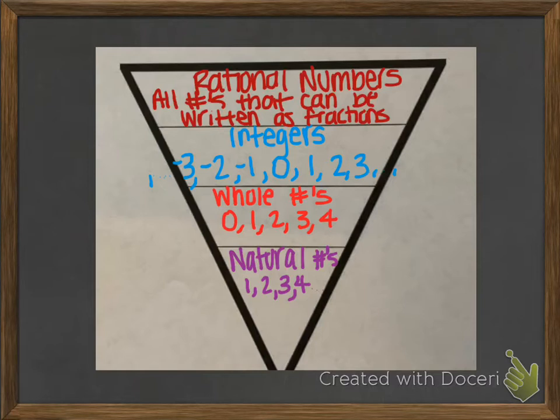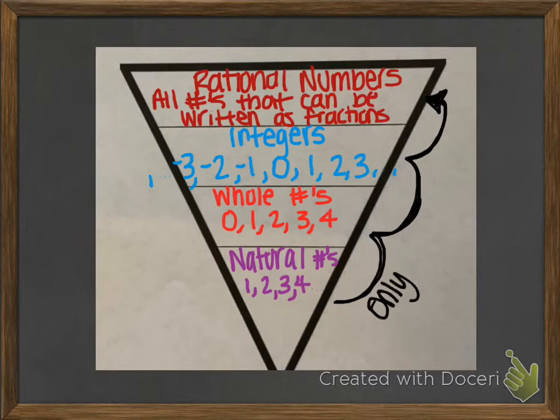Then we have just a little note that we can only move up the ladder. Meaning a natural is a whole number, which is an integer, which is a rational, but a rational is not always a whole number. So we can only move up the ladder.